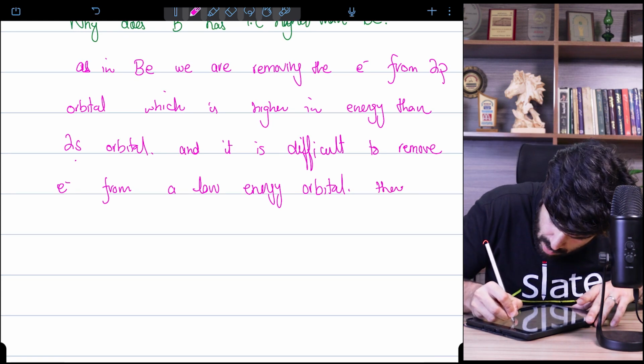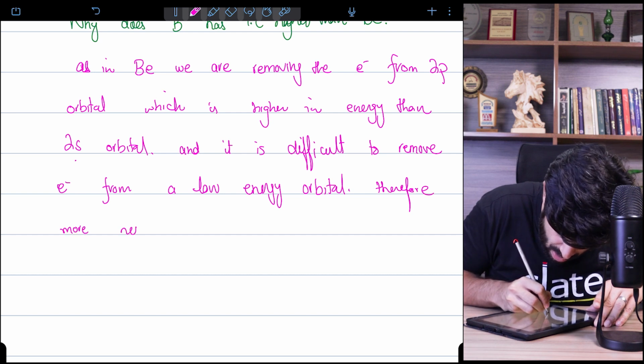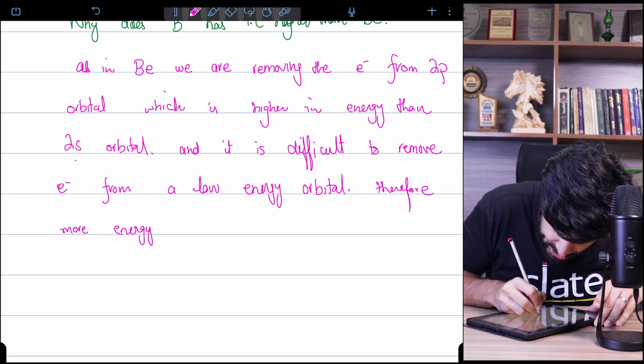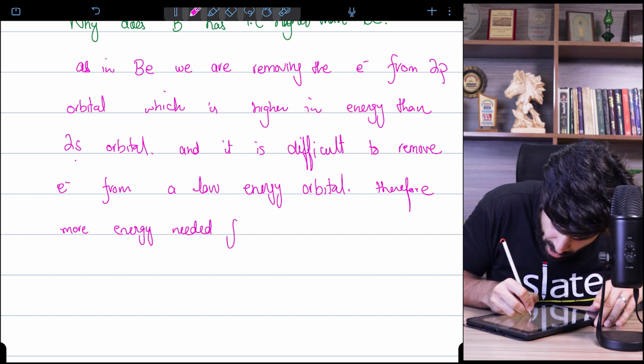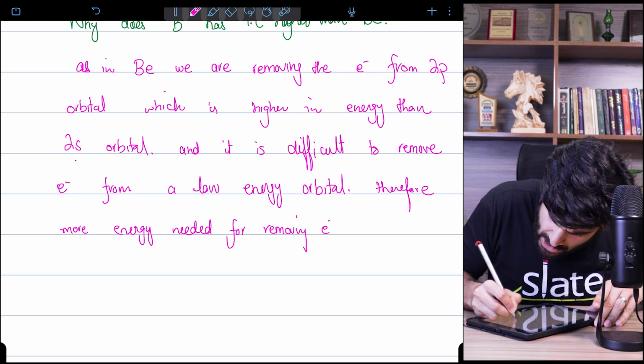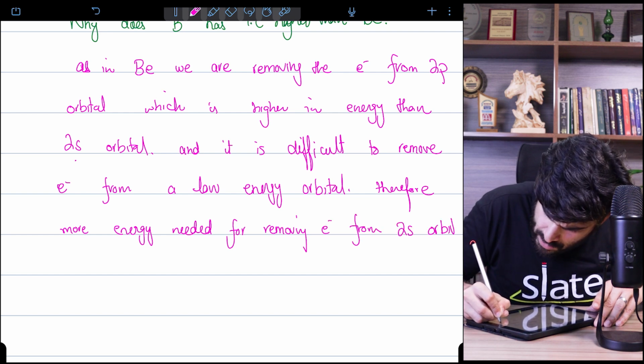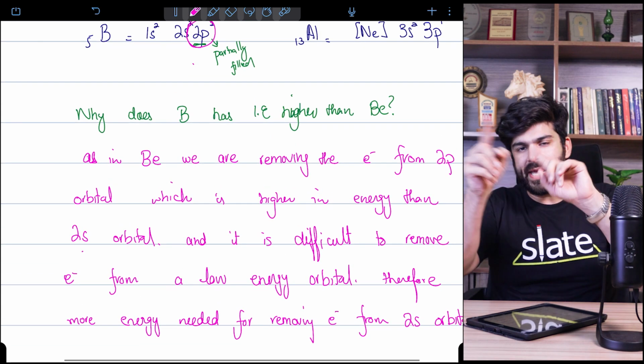Therefore, more energy is needed for removing an electron from the 2s orbital. So this is a comparison of p and s.